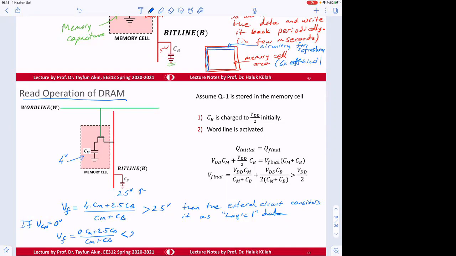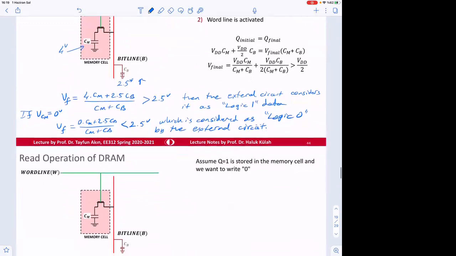So it's going to be something less than 2.5 volt, which is considered as logic 0 by the external circuit. When I say external circuits, I mean the circuit within the chip, but outside of the memory cells.